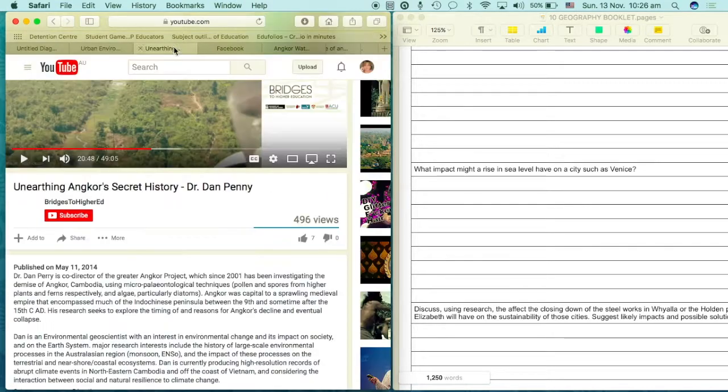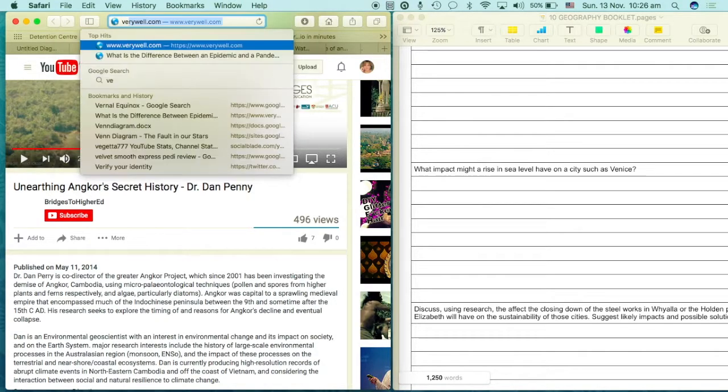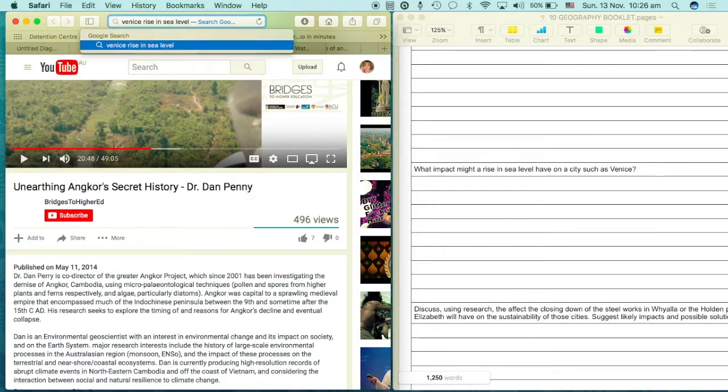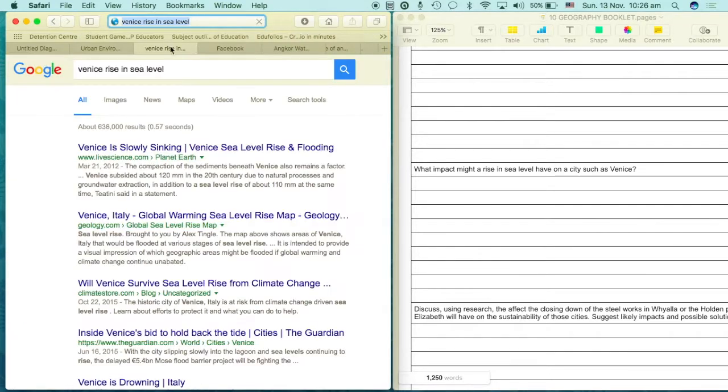So once again, if we just do a quick search for Venice rise in sea level. Okay, so we've actually got quite a lot of information just from that quick search. We've got a global warming sea level rise map here, so let's have a quick look at that.